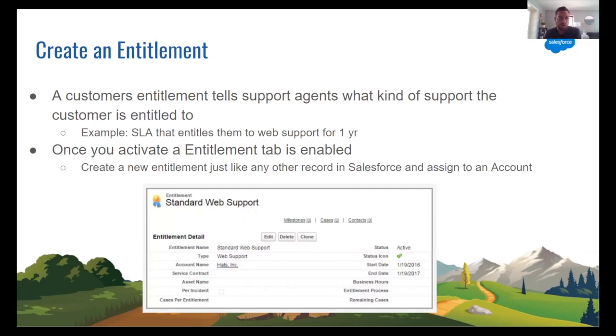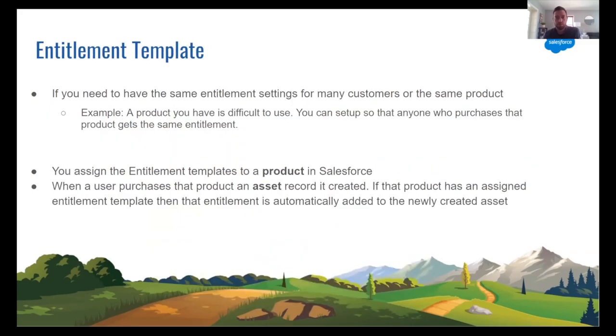Now, I'm sure all of us are thinking that can be a lot when you have thousands of accounts and having to create every single one of those and assign out to customers individually. So that's where this fun thing called entitlement templates come into play. Let's say you have an entitlement that has the same settings for many customers or the same product.